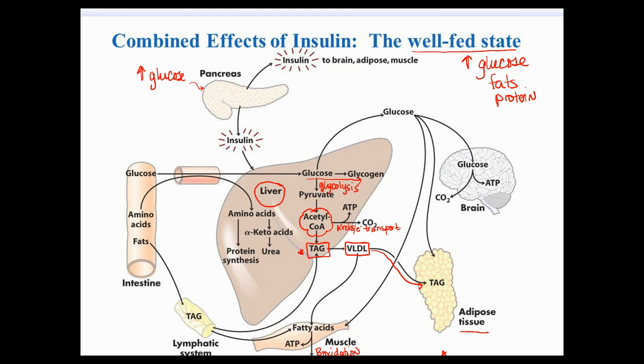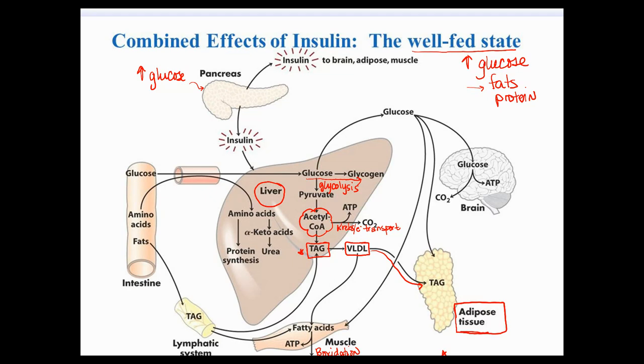Okay. All right. The fats that we eat in a well-fed state, we talked a lot about how they go through all that process, and ultimately chylomicrons will transport it to adipose tissue. The other thing too is glucose. What happens to glucose?